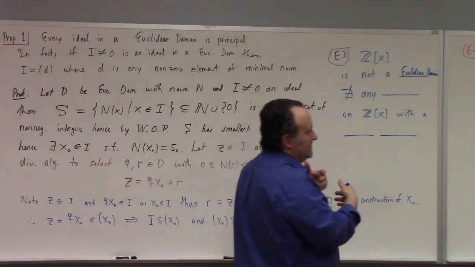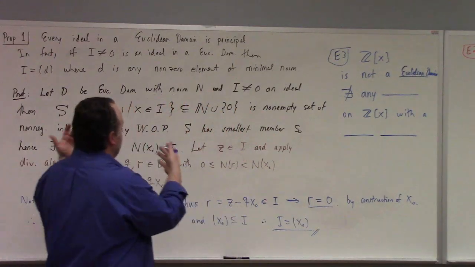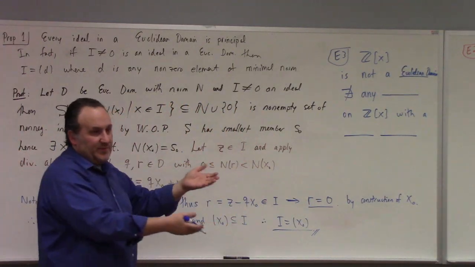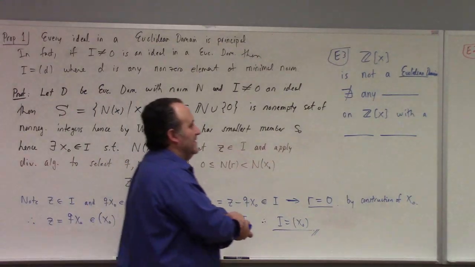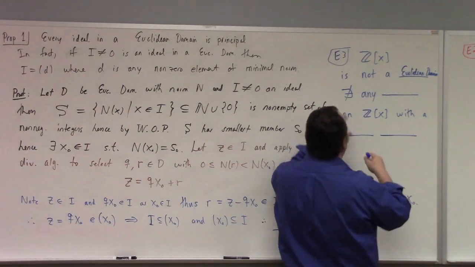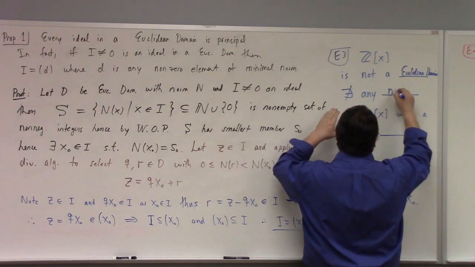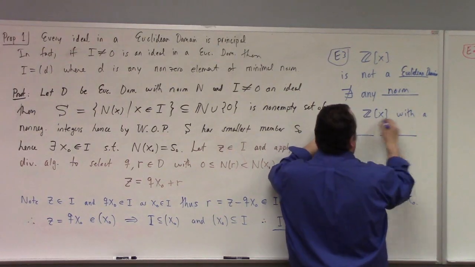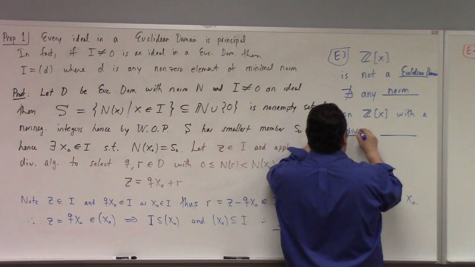Because if it was a Euclidean domain, it would have to be a PID, but it's not, right? So it's not a Euclidean domain, but I'm saying something very strong here. I'm saying there does not exist any norm on Z[X] with a division algorithm.